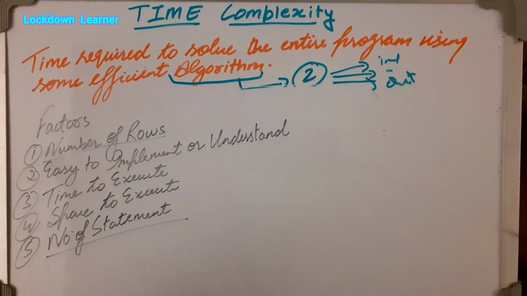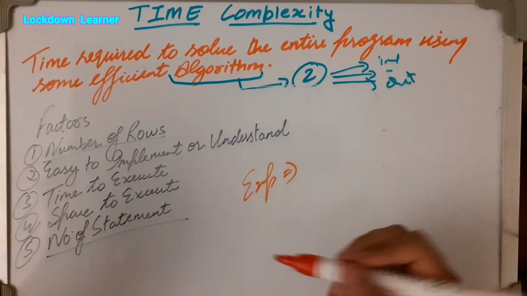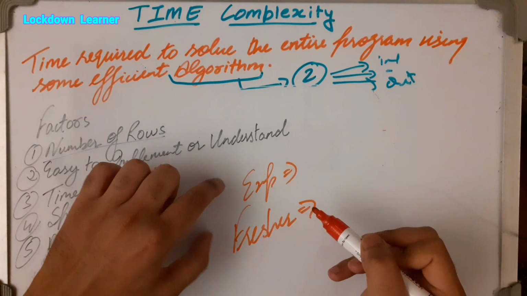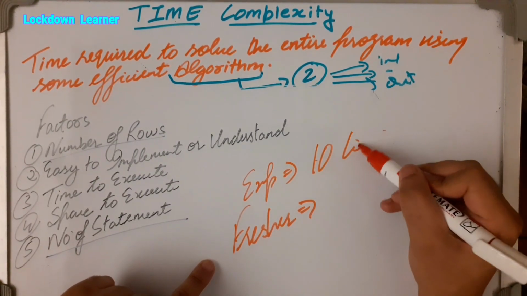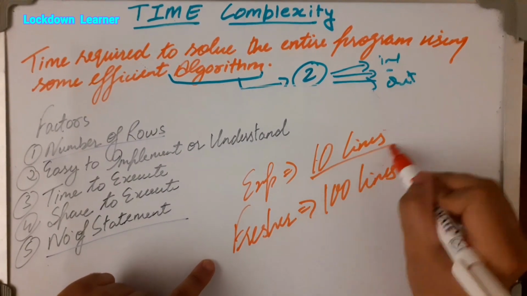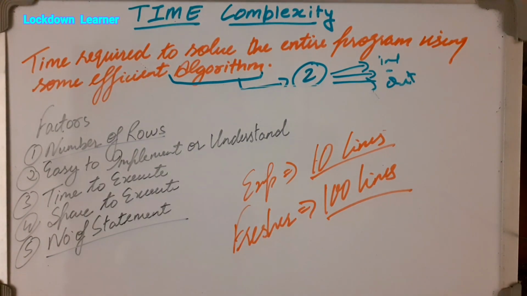First comes the number of rows. Say one person is experienced and one is a fresher. I have given a program to both. The experienced person writes that program in 10 lines and the fresher writes it in 100 lines. The main thing is that the program runs, but the experienced person's program is good to see and easy to implement because it is 10 lines, while the fresher's is 100 lines.